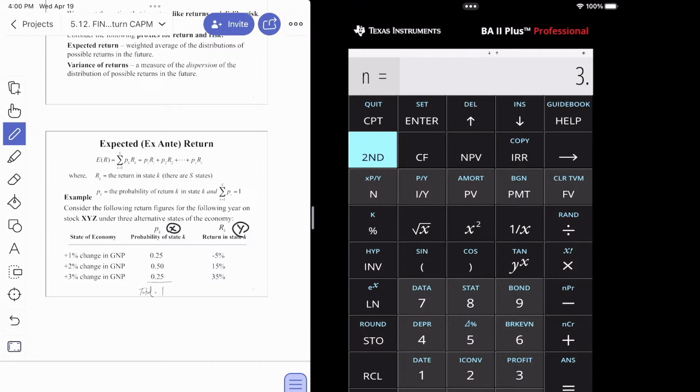It'll give me how many observations there were. It'll give me the average, which is meaningless, right? I don't want the average of the probabilities, and I don't care about the standard deviation, and I don't care about the population standard deviation. I don't care about any of these, and I don't care about the linear relationship.